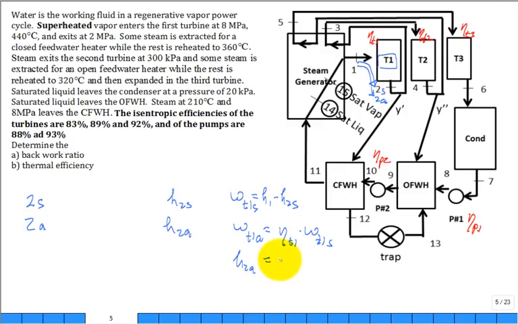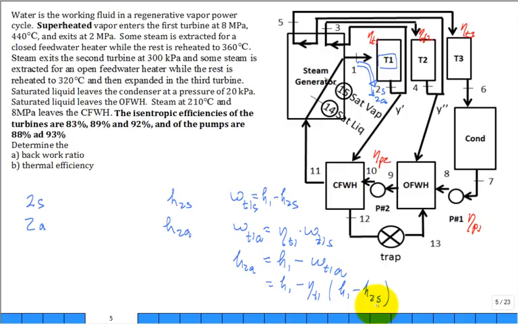H2 actual is going to be H1 minus the work of turbine 1 actual, which you could expand to say H1 minus isentropic efficiency of the first turbine times H1 minus H2 isentropic.